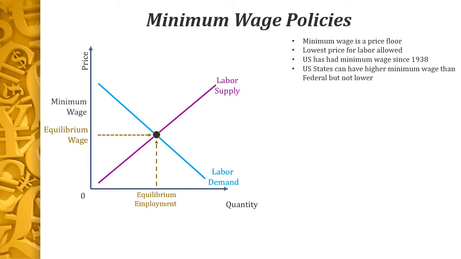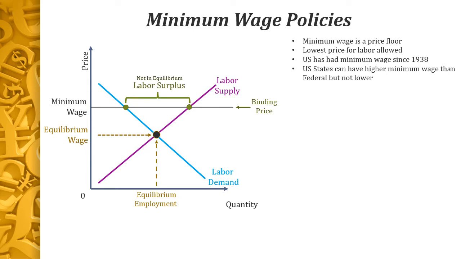And then if we put in a minimum wage, we've put in a price floor. And this is our binding price. So we now know that anything underneath the binding price is okay. Anything above is not good. So if we put in this binding price right here, what we've got is a labor surplus.